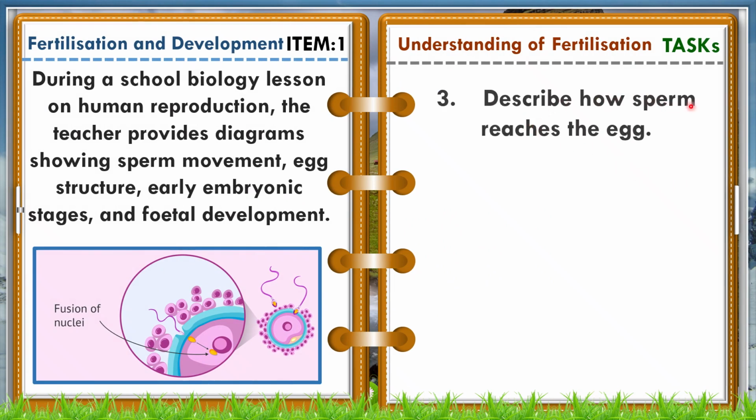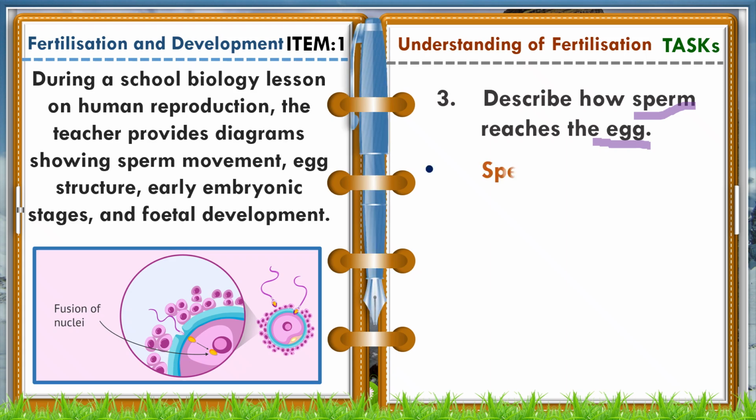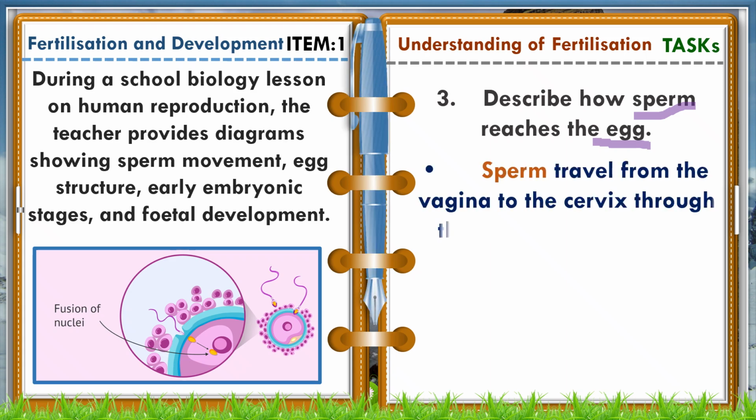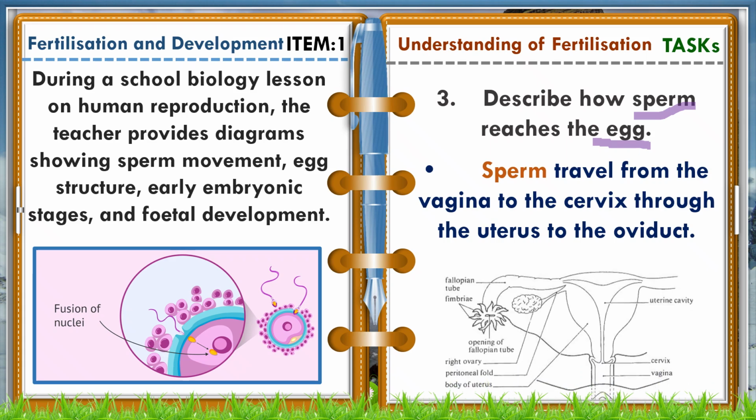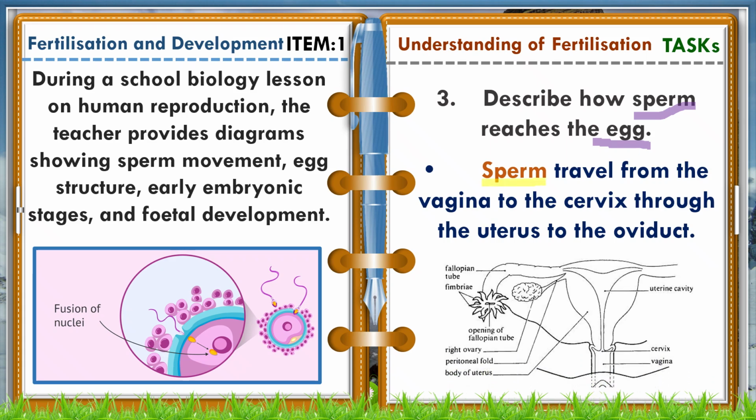Describe how sperm reaches the egg. We want to see how the sperm reaches the egg. The sperm travels from the vagina to the cervix, through the uterus to the oviduct.